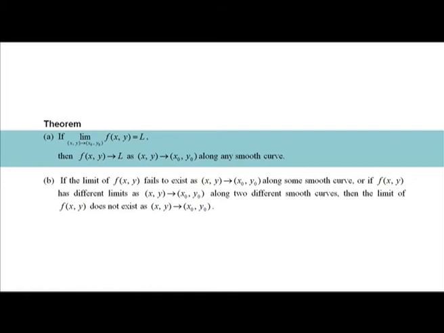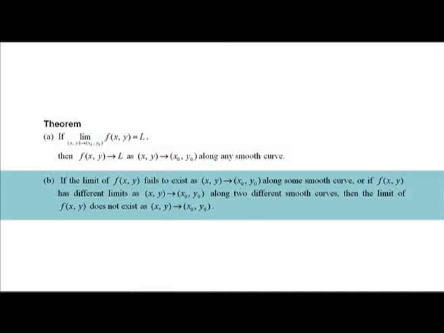We now discuss the relationships between limits and limits along smooth curves. The relationship between the limit of a function of two variables at a point and that along smooth curves is stated in the following result. Theorem: if the limit as (x, y) approaches (x naught, y naught) of f of x, y is equal to L, then f of x, y approaches L as (x, y) approaches (x naught, y naught) along any smooth curve.